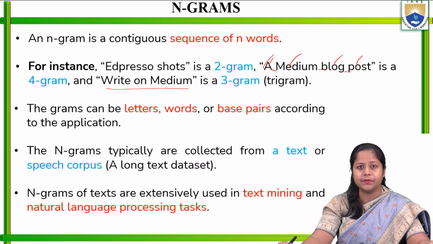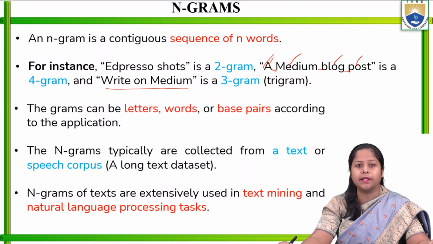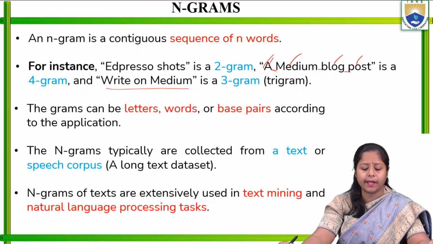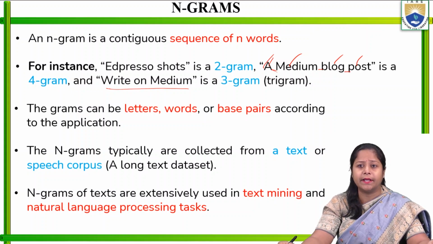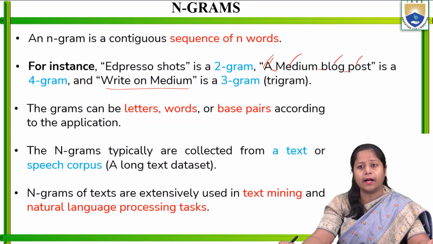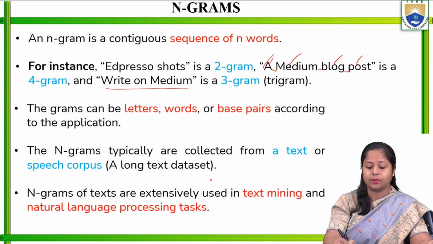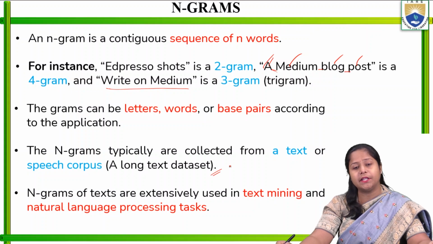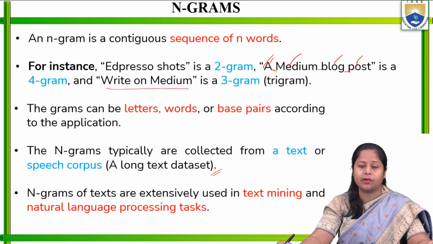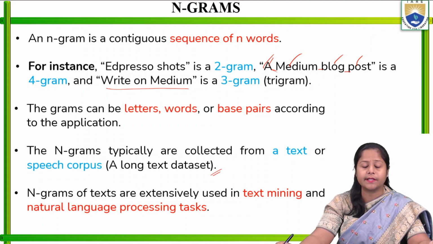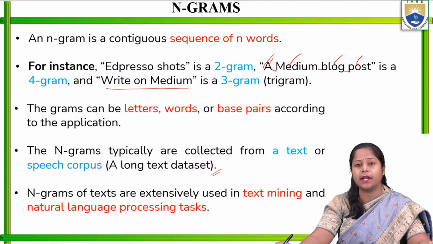The n-grams can be letters, words, or base pairs according to the application. The n-grams typically are collected from a text or speech, so it can be a speech corpus or a text corpus, a long text dataset that can have paragraphs and documents.